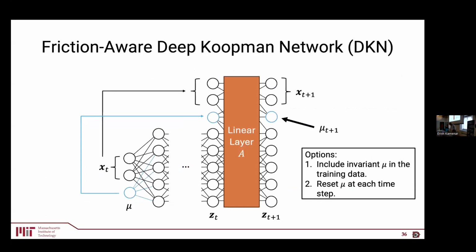To cope with this, we applied the friction-aware deep Koopman network, where the friction parameter mu is treated as an additional state variable, and we train the system for different values of friction. Then friction can be estimated from the performance in real time, invoking the right A matrix and using that.